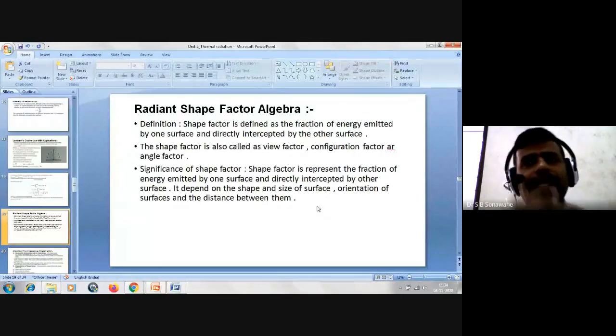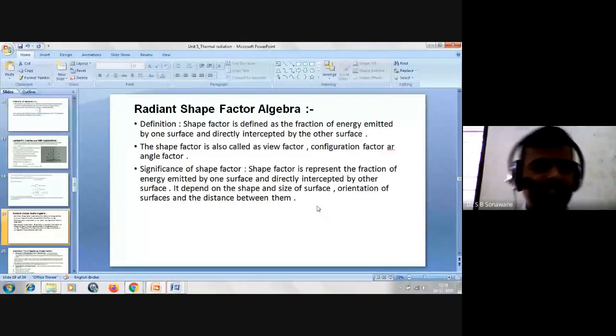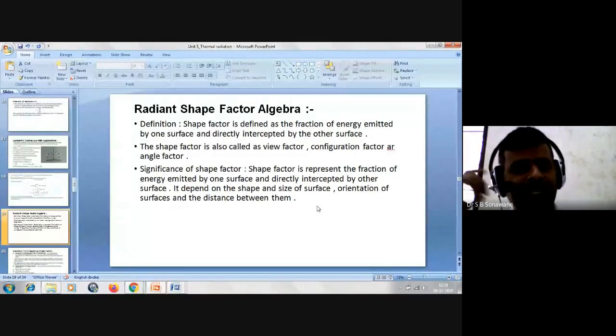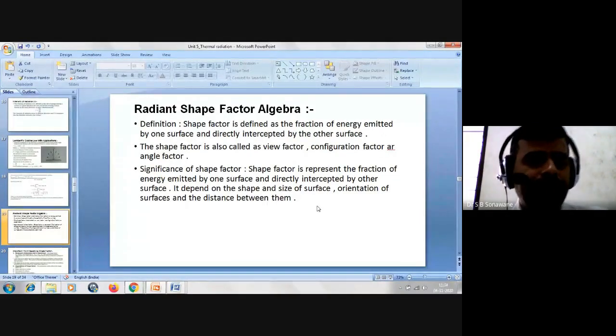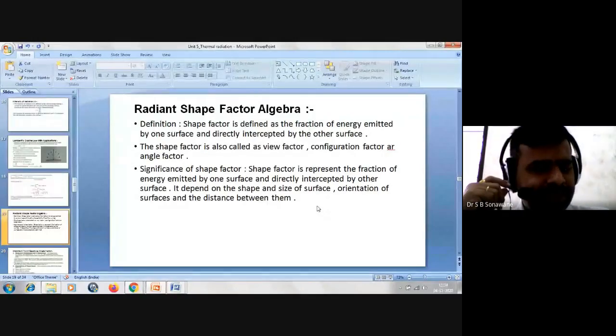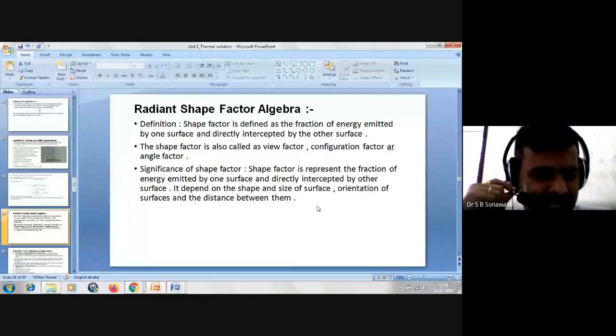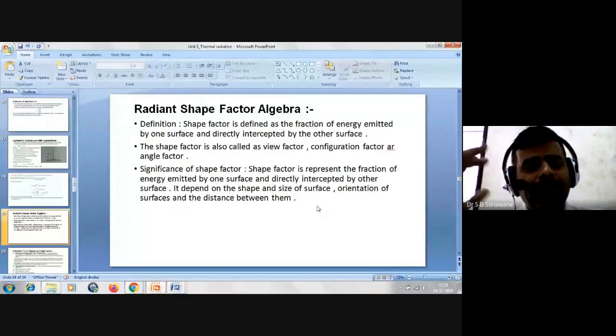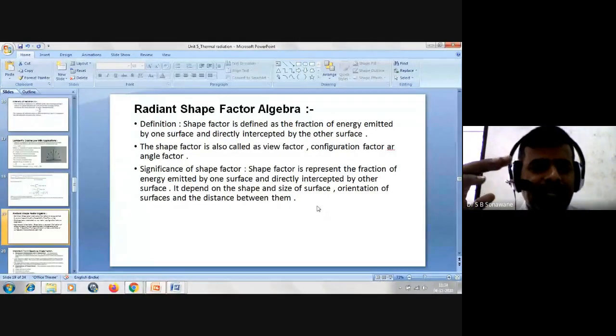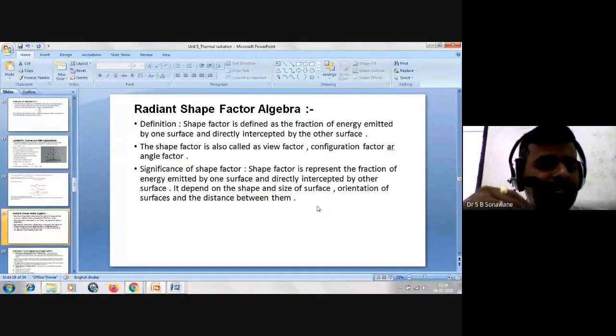For example, we have the Earth surface, we have the Sun surface. Sun surface is maintained at a temperature of something around 5800 Kelvin. Okay, and Earth surface, we are receiving the solar energy on the Earth surface. That is basically the radiant energy, and these two surfaces are kept at a huge distance from each other.